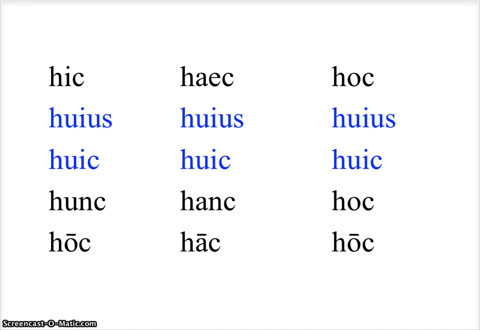And we will see that ending again. So huius, don't be confused by the US there. Huius, genitive, of this man, of this woman, of this thing. Huic, to this man, to this woman, to this thing.